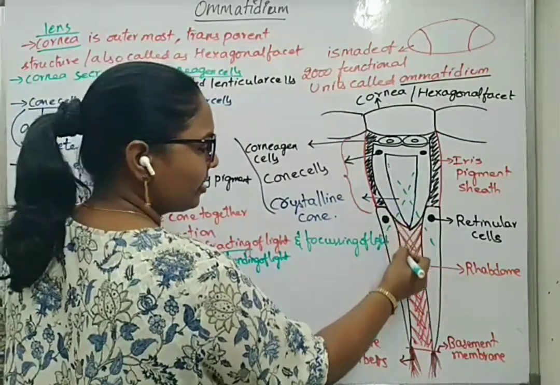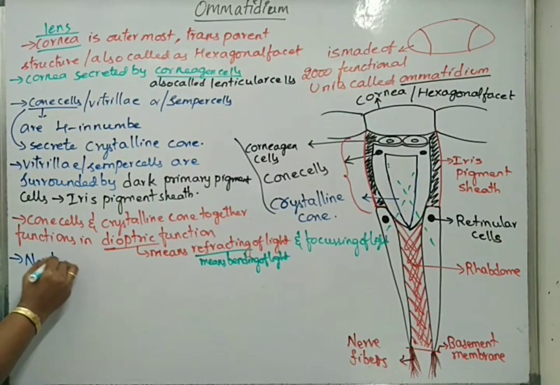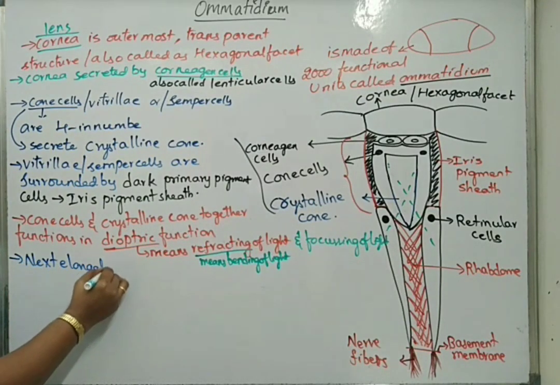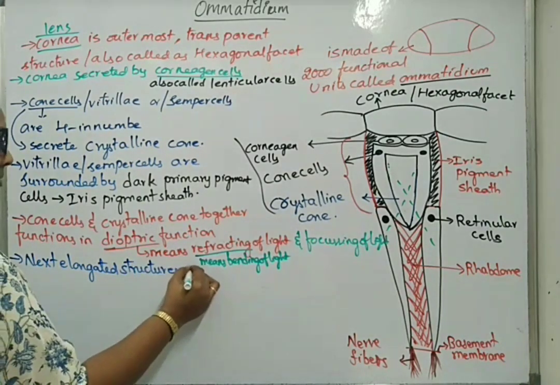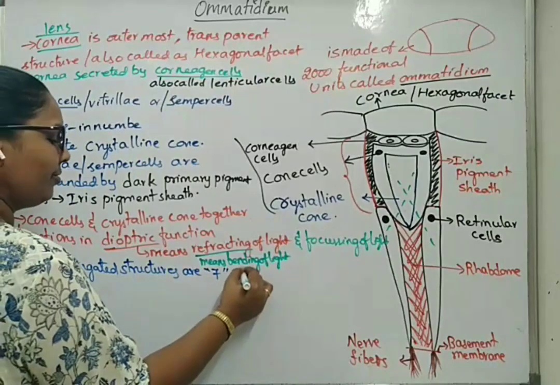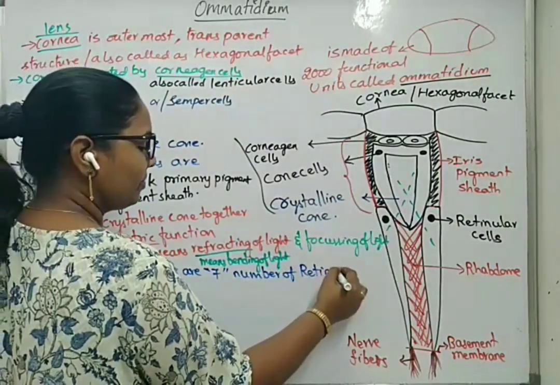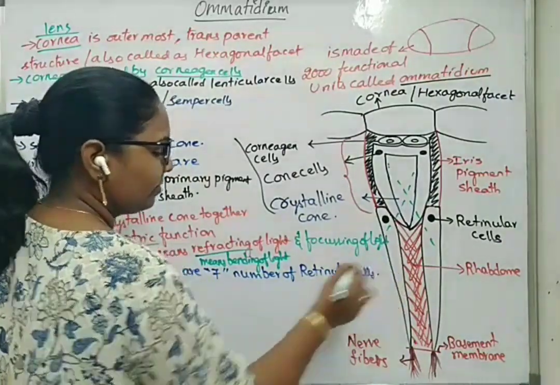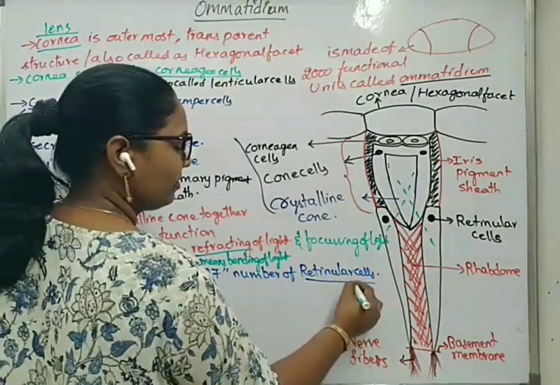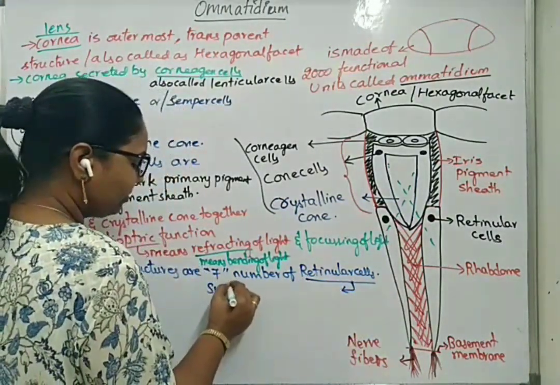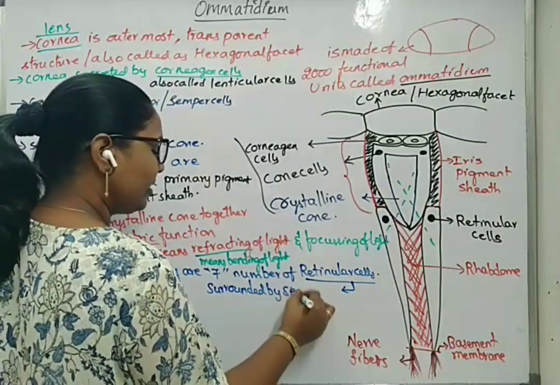The elongated structures are these retinular cells. Seven in number. These are surrounded by secondary pigment sheaths.